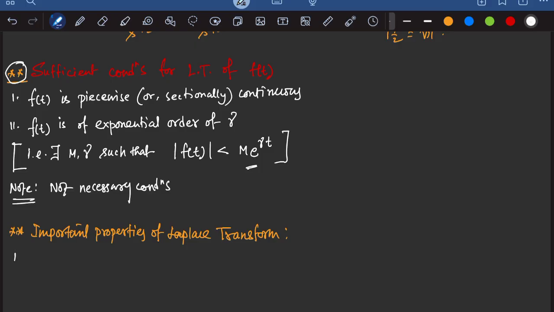The first important property is linearity.